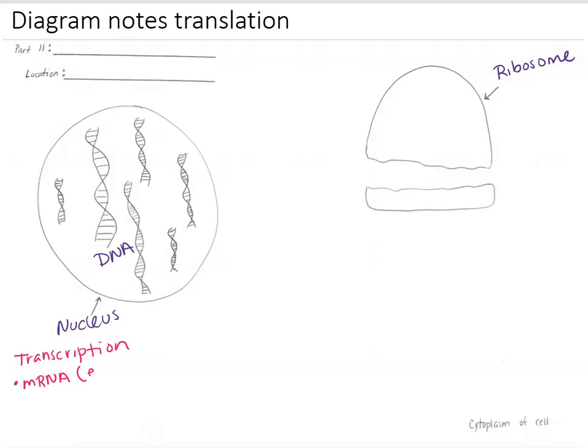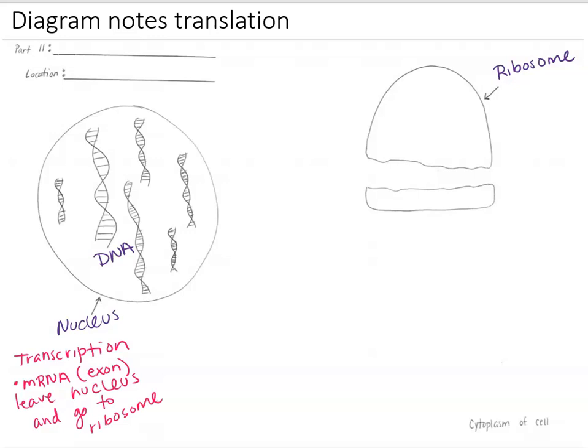Our mature mRNA is just the exons. It was edited, the introns were cut out, so now it only codes for a protein. The mRNA is going to leave the nucleus and go to the ribosome. It's going to form the complex.